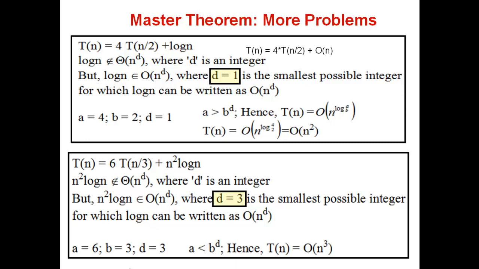Now the last recurrence, T of n is 6 times T of n over 3 plus n square log n. Again, we cannot write n square log n as theta of n raised to d, where d is an integer. So we will go for the big O notation. Now n square log n can be written as some big O of n raised to d. d is say 3, as small as possible an integer value.